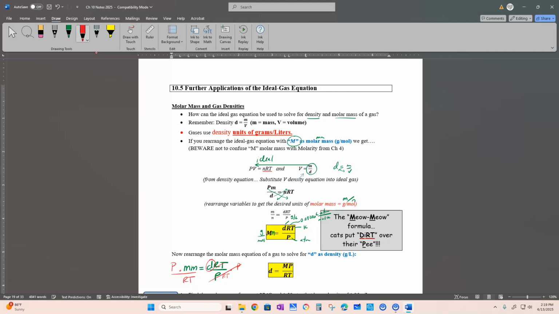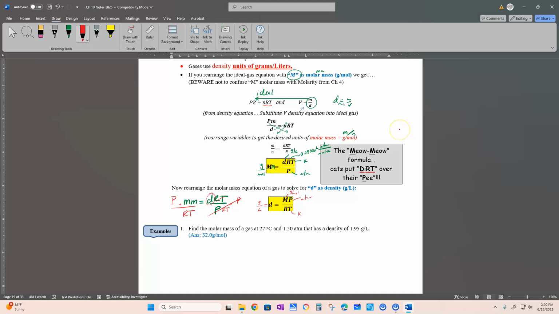Learn one of them and then learn how to rearrange an equation. People, this is called algebra. So my molar mass will be grams per mole, pressure will be atm, we already know R and T. But what units will my density be in then? I should have grams per liter. Short little video because we just need to practice how to use these two equations.